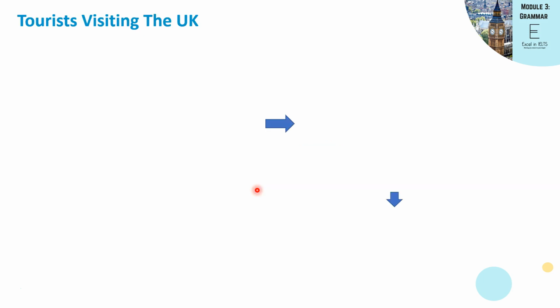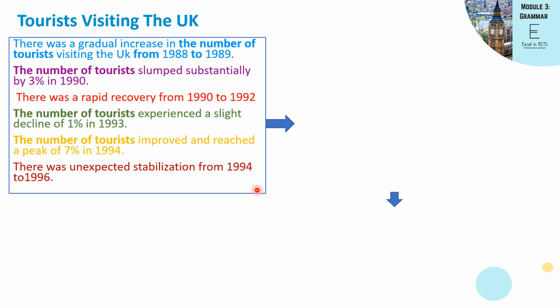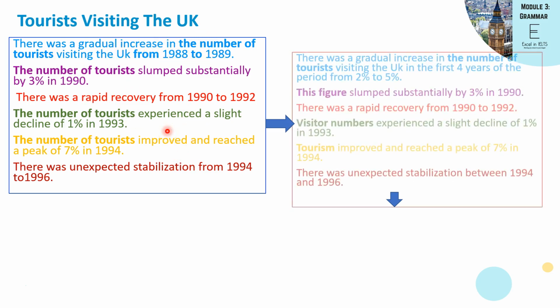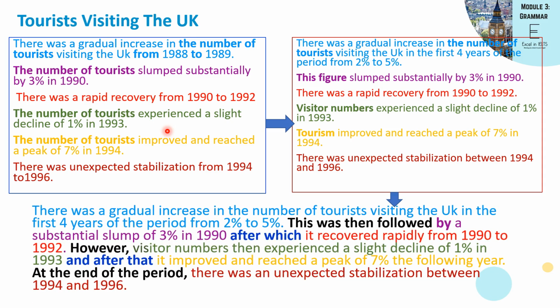The tourists visiting the UK paragraph has now been rewritten twice. Remember, the first time there was a lot of repetition in words: the number of tourists, the number of tourists, to and from. We rewrote that so that we paraphrased those words, and then we rewrote it again so that it links nicely together.